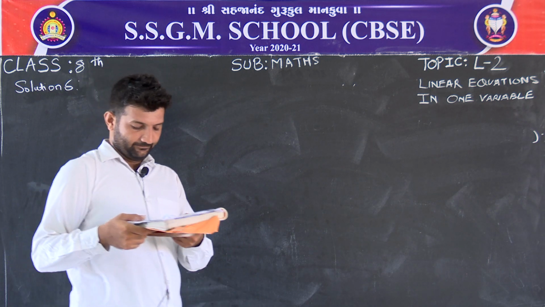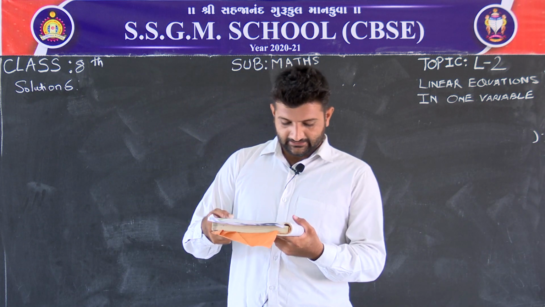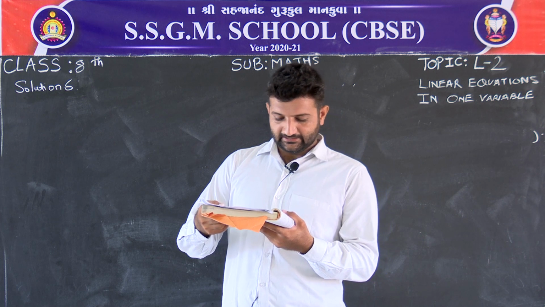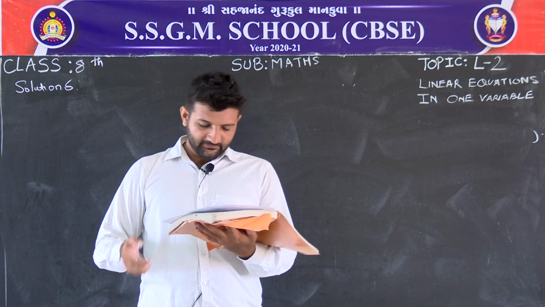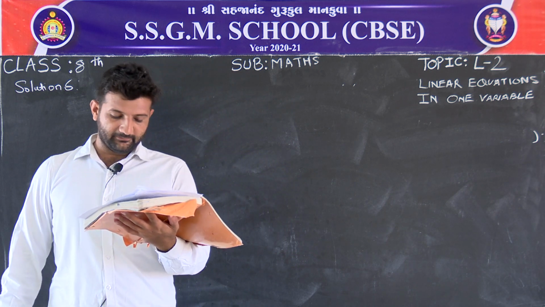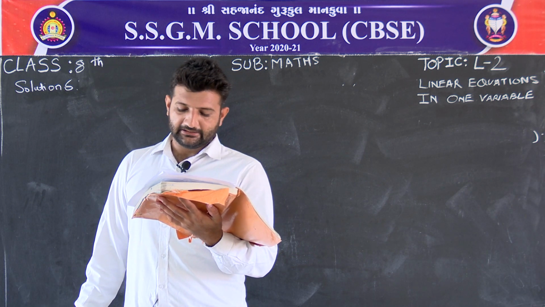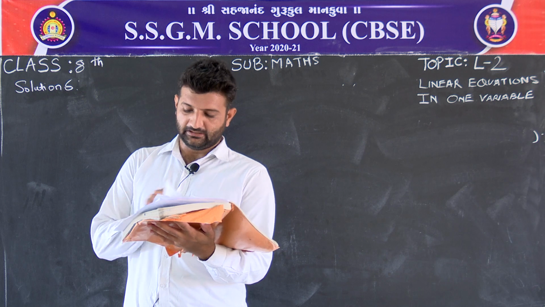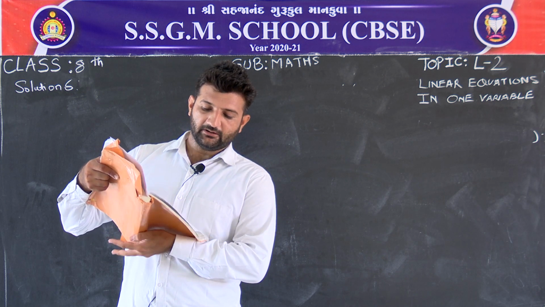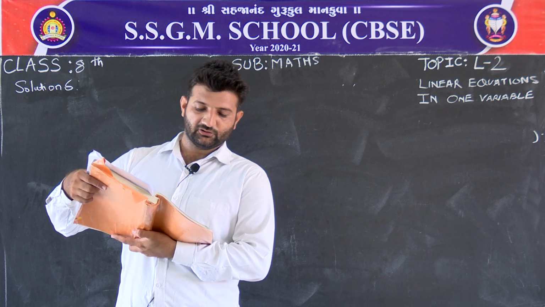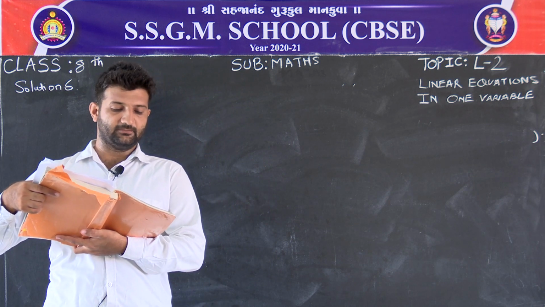Question number 7. Hassan buys two kinds of cloth material for school uniform. Shirt material that costs him rupees 50 per meter and trouser material that costs him rupees 90 per meter. For every 3 meter of the shirt material, he buys 2 meter of the trouser material.